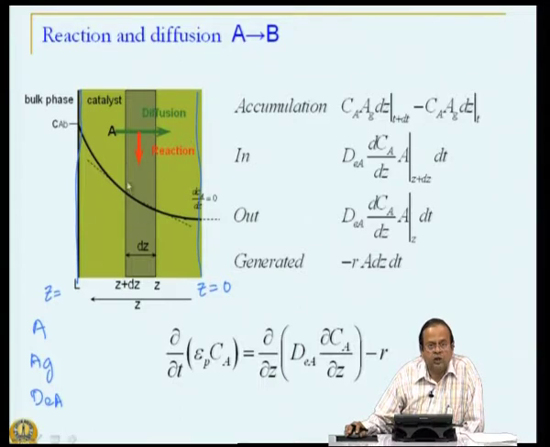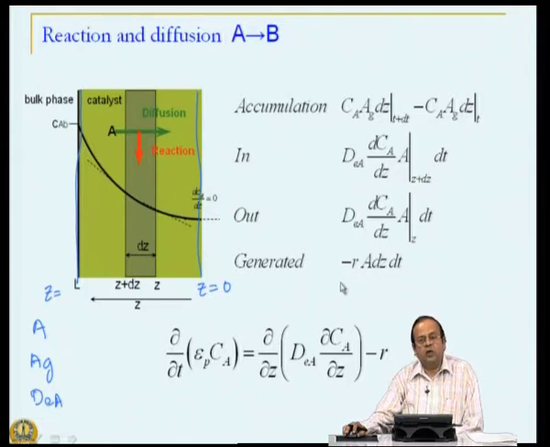and what is generated in this element. If R is the rate of this reaction, and we are looking at species A, which is actually getting consumed, then stoichiometric coefficient times R will be the rate of generation. In this case, stoichiometric coefficient is -1. So, minus R is the rate of generation, or in other words, R is the rate of consumption.